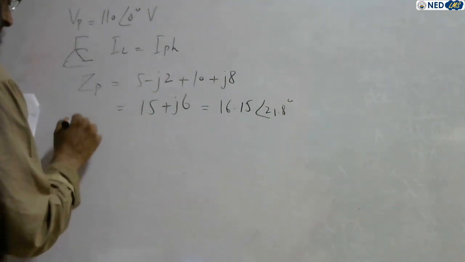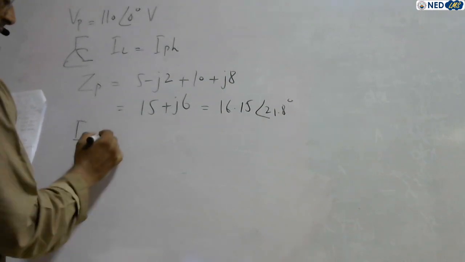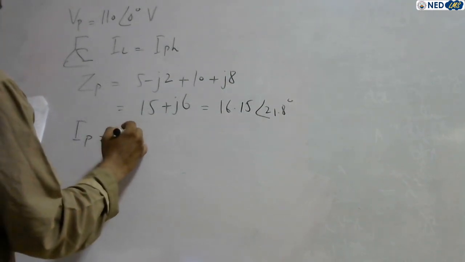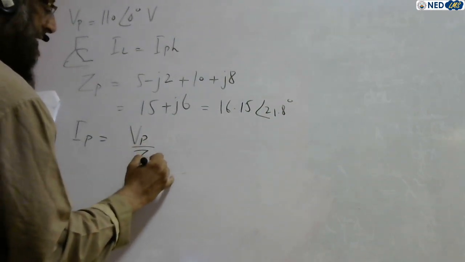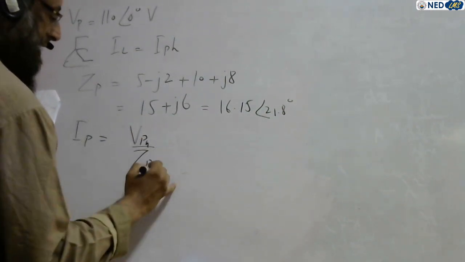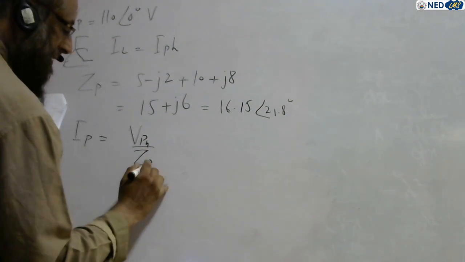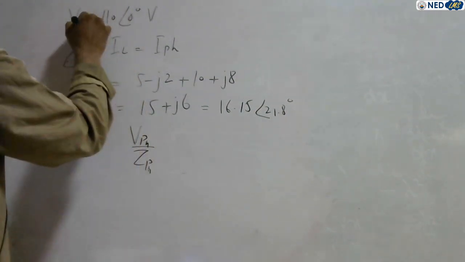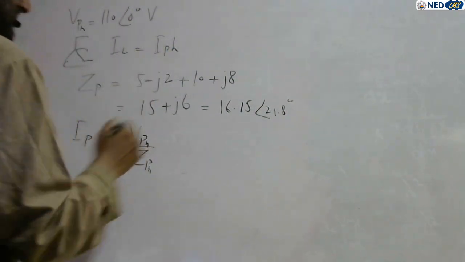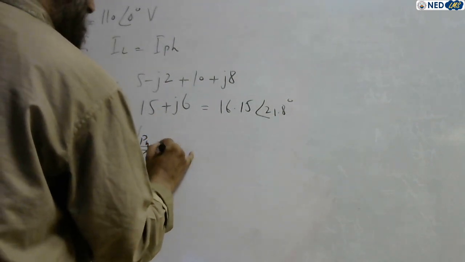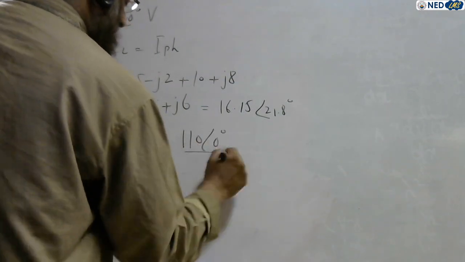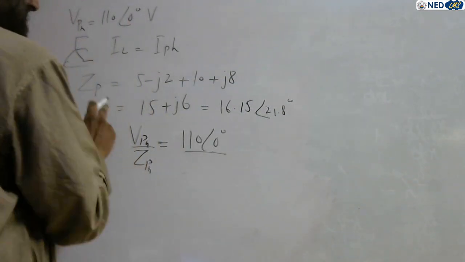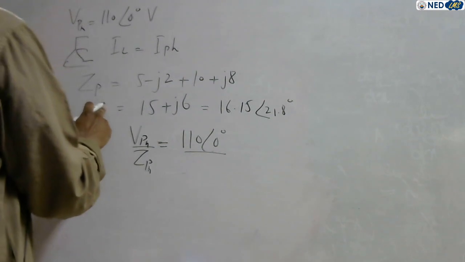So what is phase current? Just by using Ohm's law, current is the ratio of voltage over impedance, that is phase voltage over phase impedance. You can write PH for phase. The phase voltage is given in this problem, which is 110∠0 degrees.